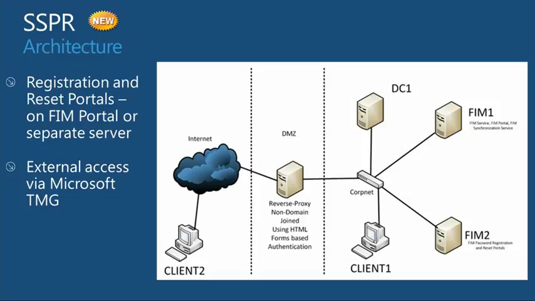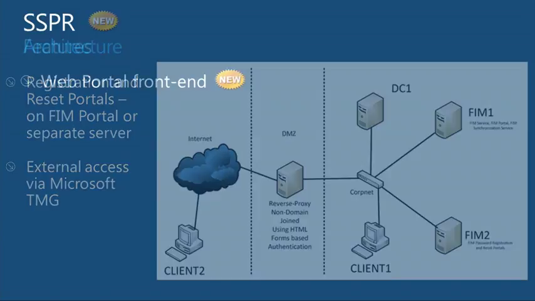You do need some kind of reverse proxy if you're offering this to untrusted networks. And like I said before, if I was doing that, I would definitely have it on a standalone server. I know you can't read the tiny writing there, but FIM1 has got sync and the regular portal, and FIM2 has got the registration and reset portals on a separate box.